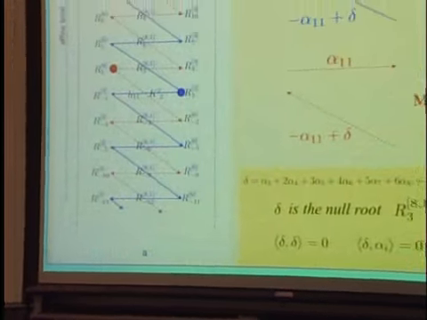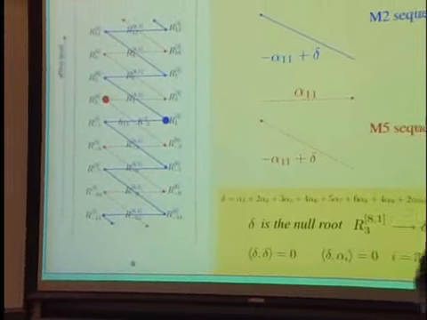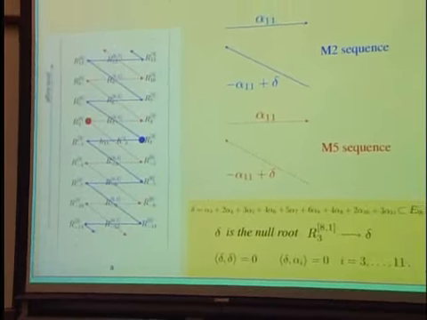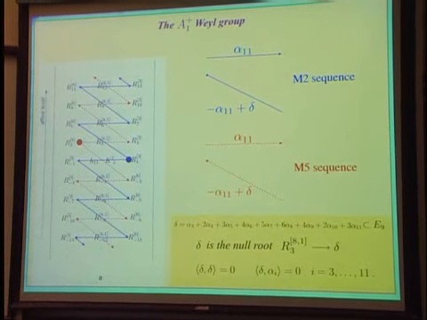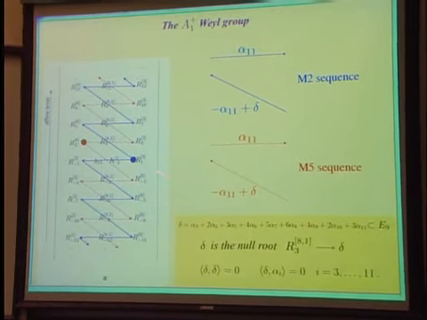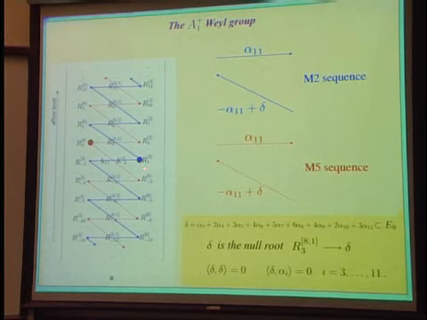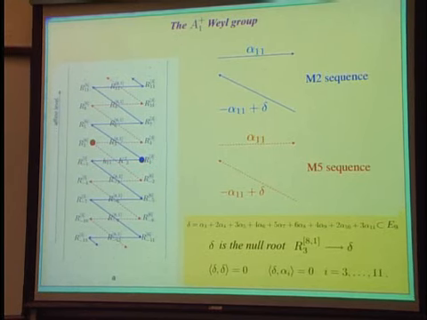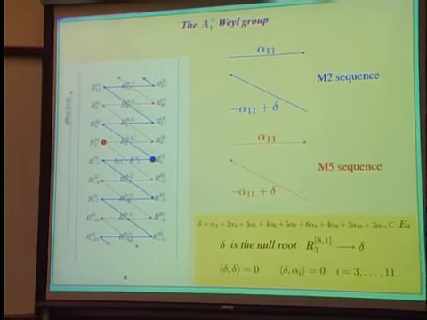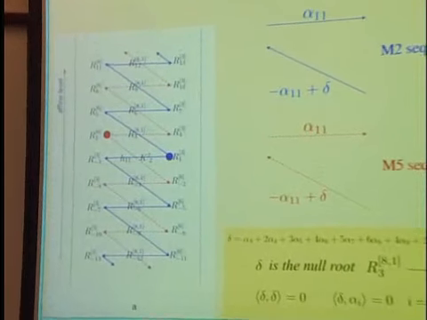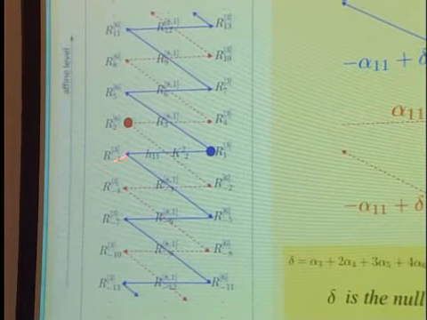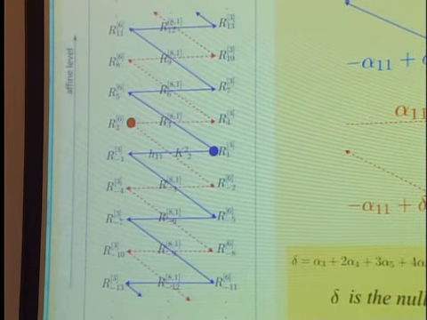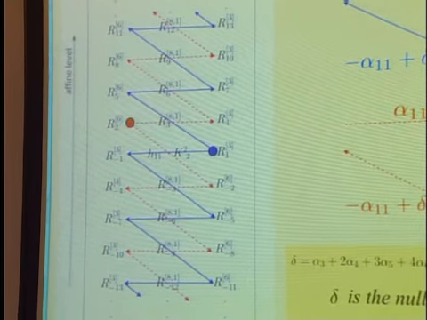Now, as I said, we are going to reach all the roots of E9 by Weyl transformation. So this is the Weyl group of this subgroup A1+. You see, we start here with R13, which is the root corresponding to the 2-brane, or the dual of the 5-brane, and R26, which corresponds to the 5-brane, or the dual of the 2-brane.